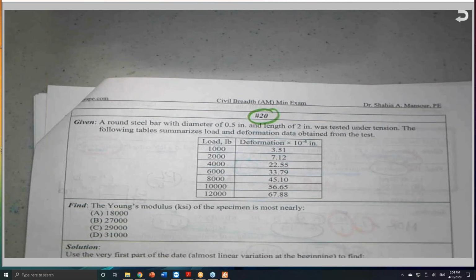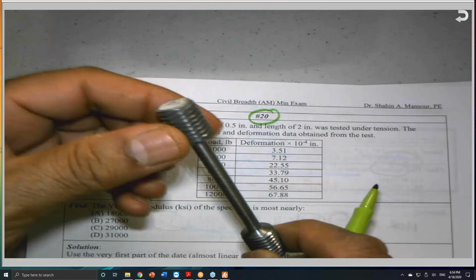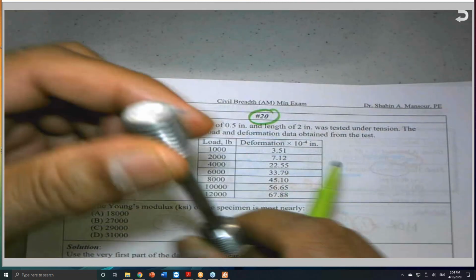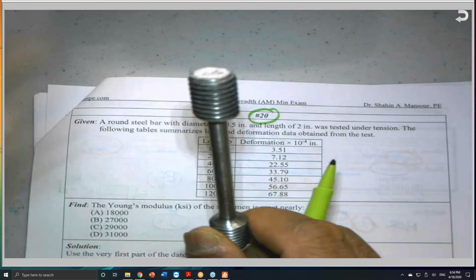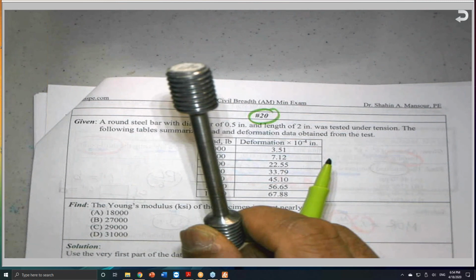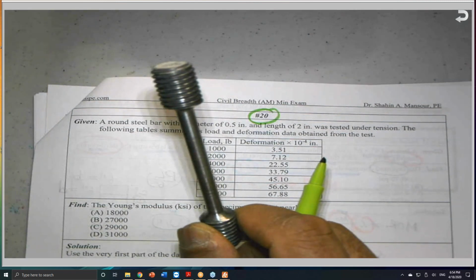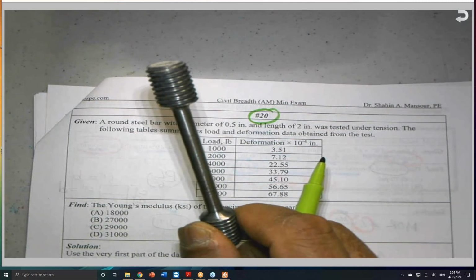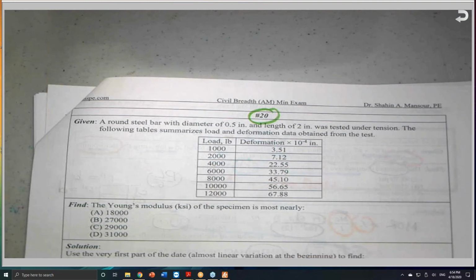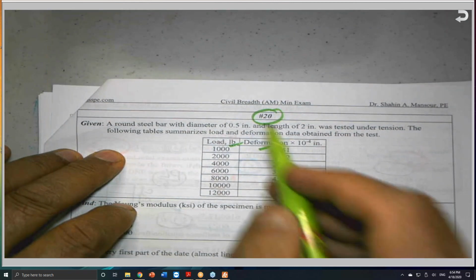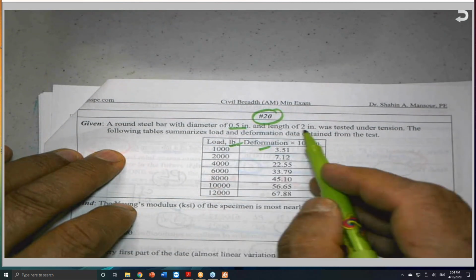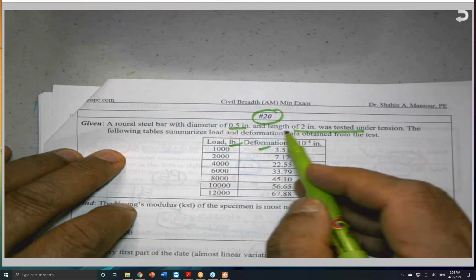I'm sure this is the specimen that we screw into the testing machine, and we apply the load. We measure the diameter, and from the diameter we can calculate the area, and after that we do the calculations. He gave you load versus deformation, but the deformation is based on the 2-inch gauge length.